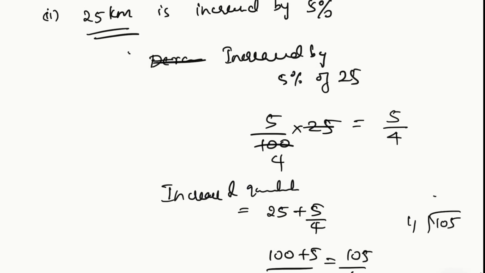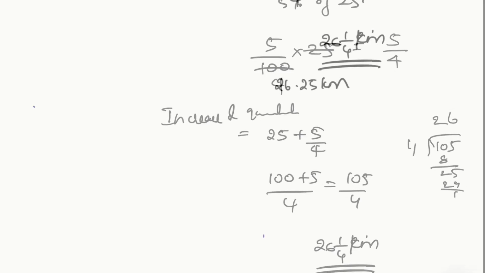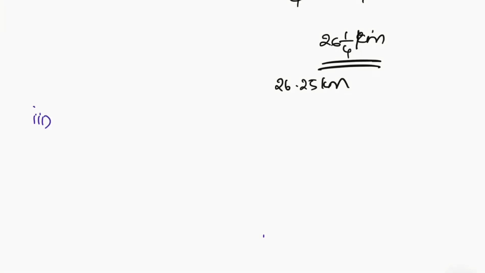What's 105 by 4? 4 sixes are 24, so you'll get it as 26 1 by 4 kilometer, or you can write this as 26.25 kilometer.